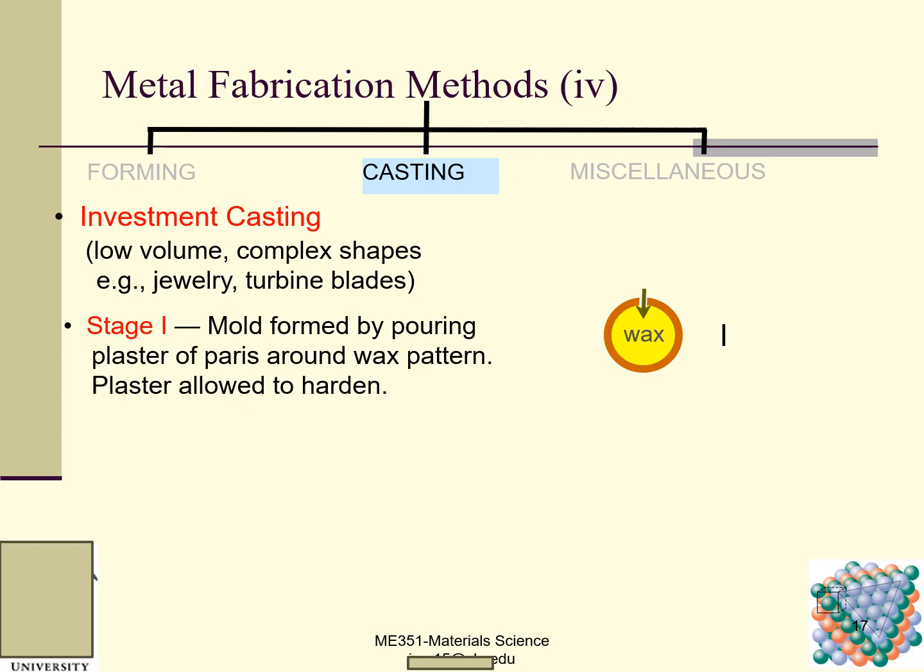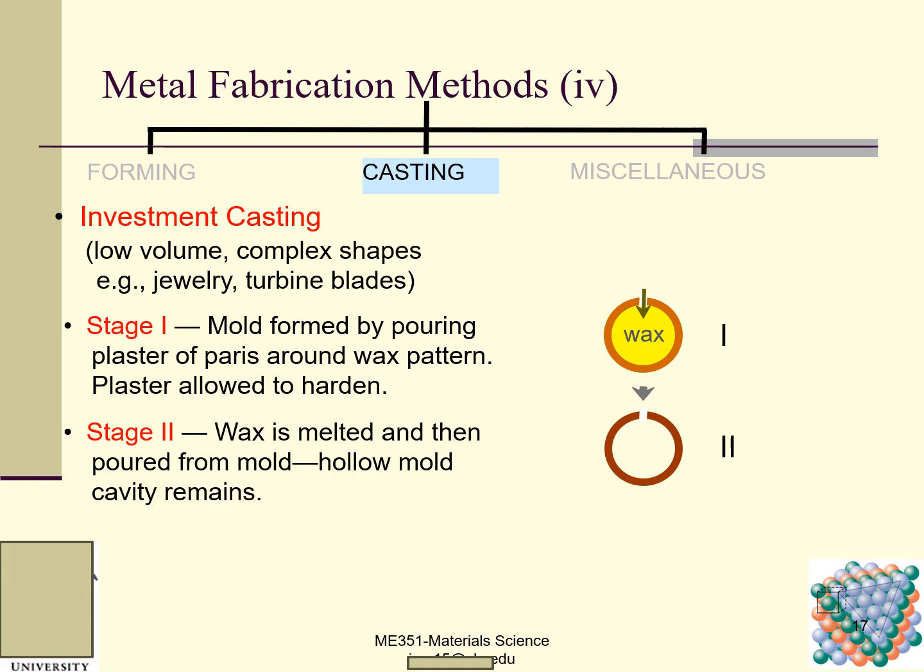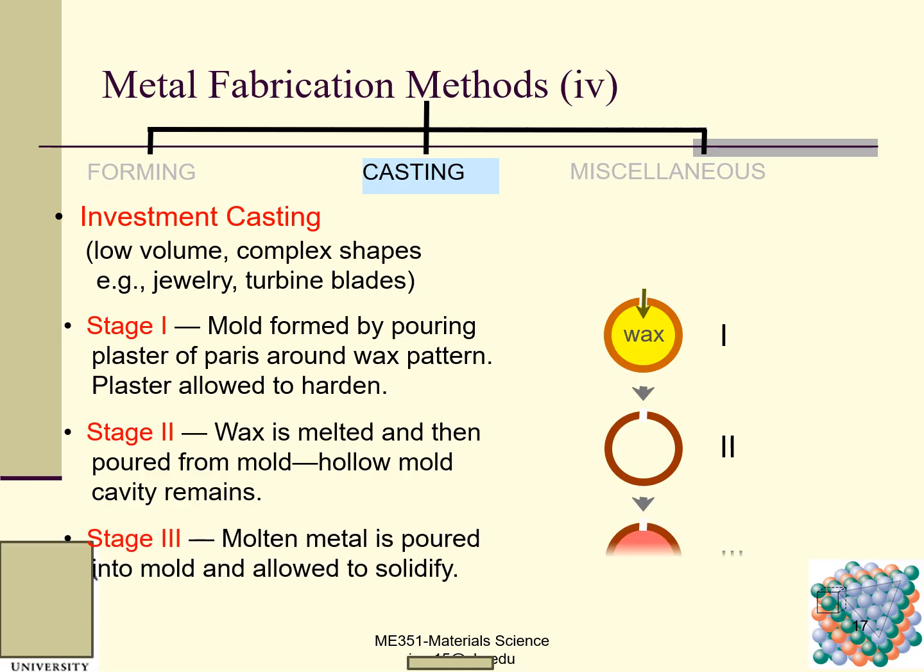The mold is formed by pouring plastic or plaster of Paris around the wax pattern, and the plaster is allowed to harden. Then the wax is melted and poured out of the mold, and a hollow mold cavity remains. Stage three: molten metal is poured into the mold and allowed to solidify.